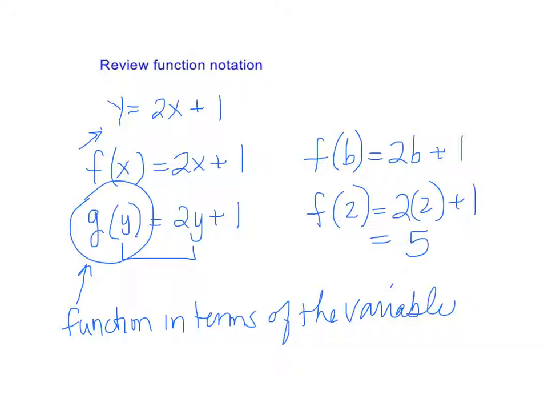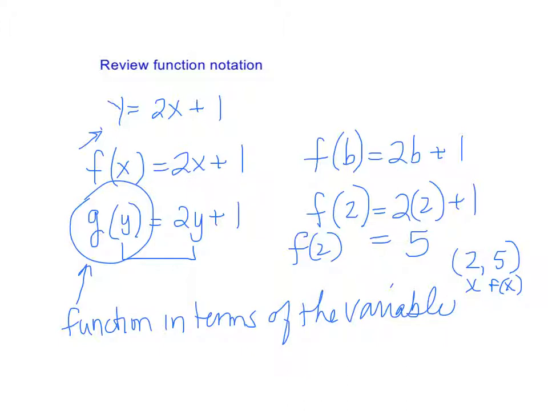So f of 2 is 5. And if I wrote that as an ordered pair, I would say this would be the ordered pair (2, 5). Or at x, this is f of x. So that's just some more about function notation, and we'll go over it again.